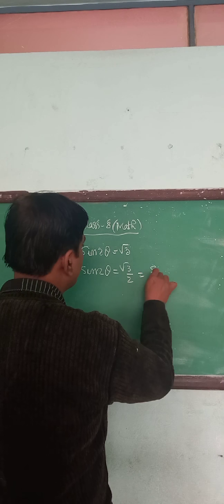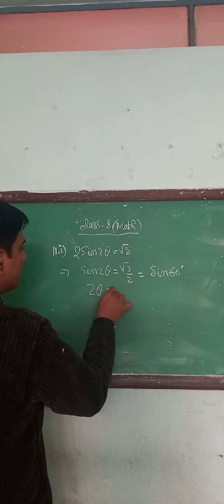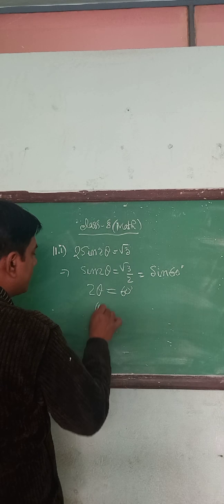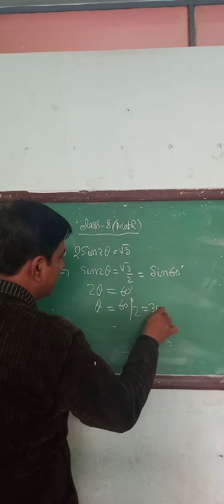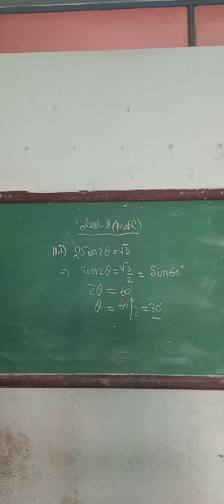Now the sin 2 theta value is root 3 by 2. Whenever you get root 3 by 2, this value is sin 60 degree. So 2 theta is equal to 60 degree, and theta is equal to 60 degree divided by 2, that is 30 degree. So theta value is 30 degree. Clear? Okay. Next math.